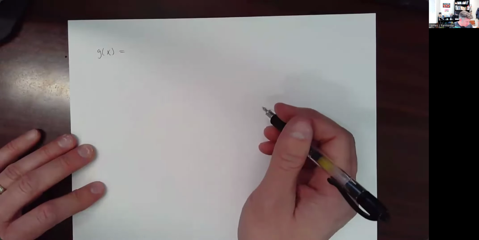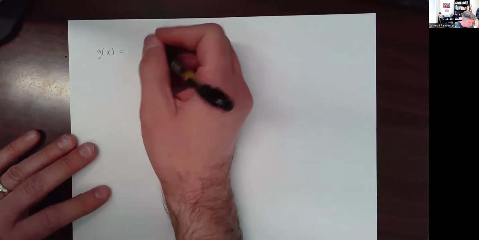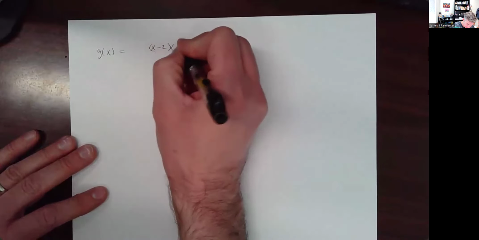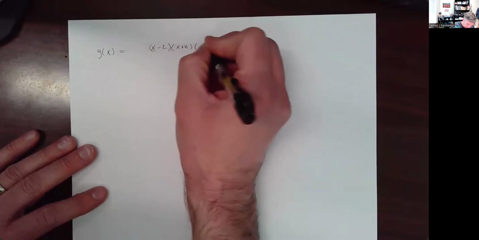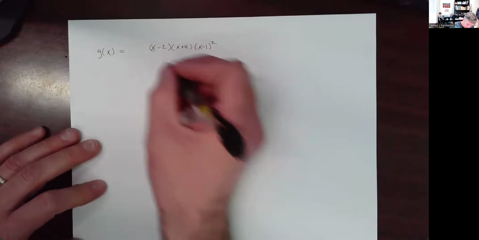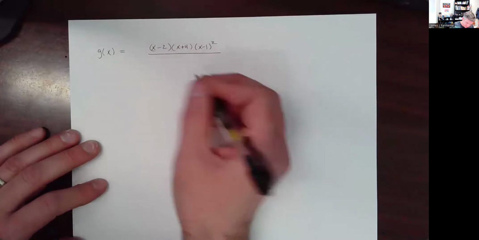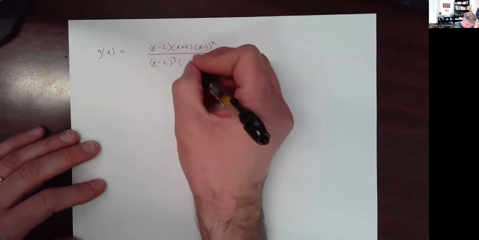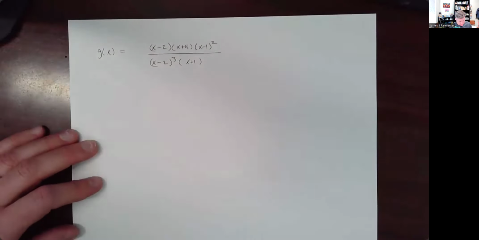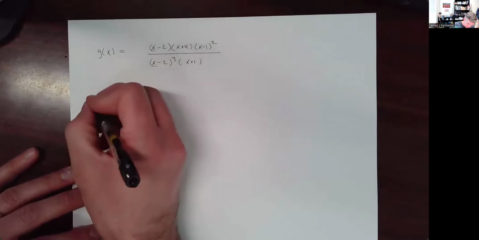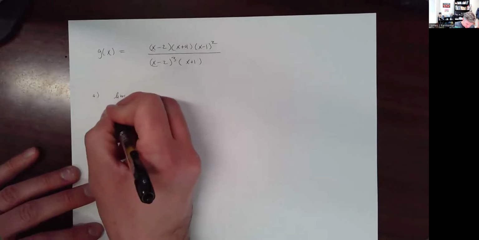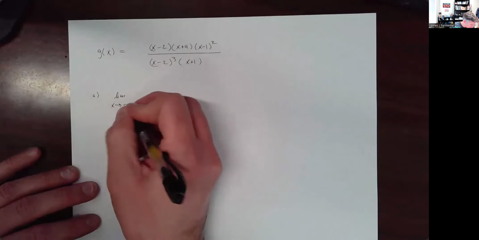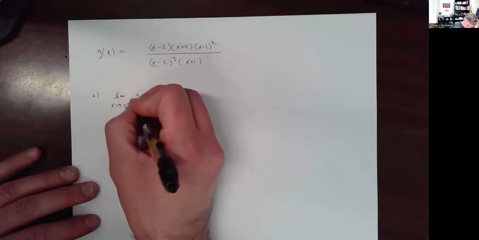Let's say it's x minus 2 times x plus 4 times x minus 1 squared over x minus 2 cubed times x plus 1. And the first question is, find the limit as x approaches, sure, let's say 5 from the right of g of x.